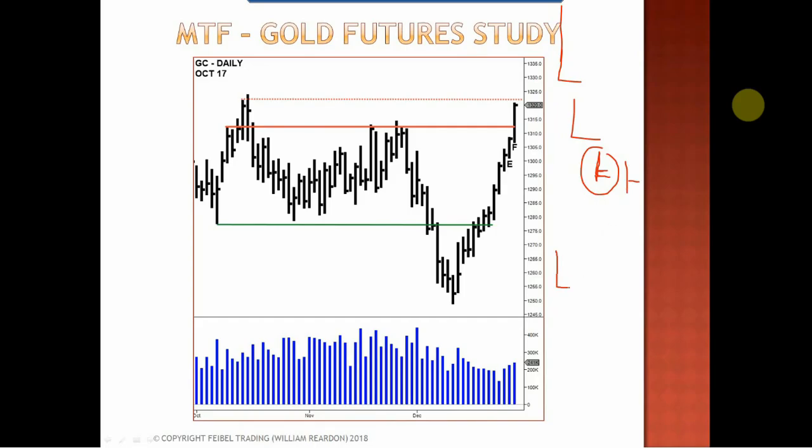Come down like this. And then we bob down, we hop up, bob down, we have a little bar, we come down, 2 no supplies, then we come up, we come up, we come up, and we can see that we have a clear buying zone. We would say that on this bar, we can see strength here on the 5-minute.